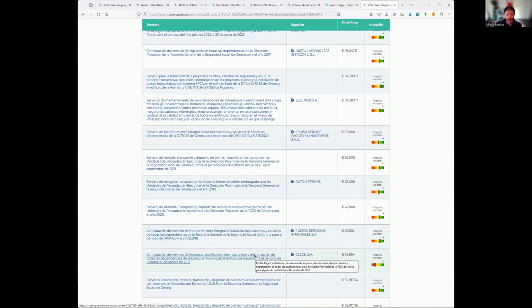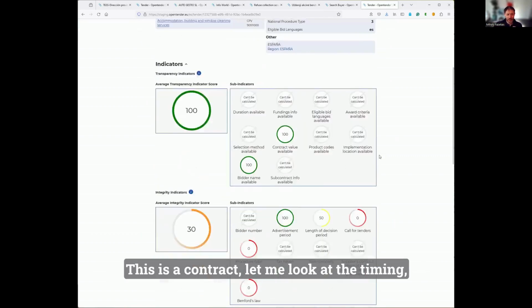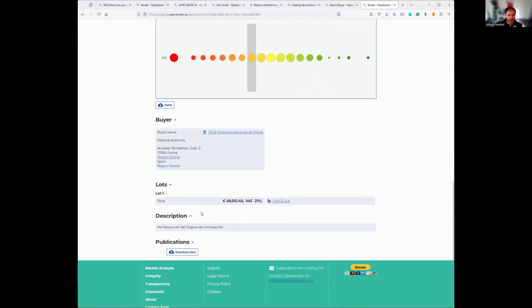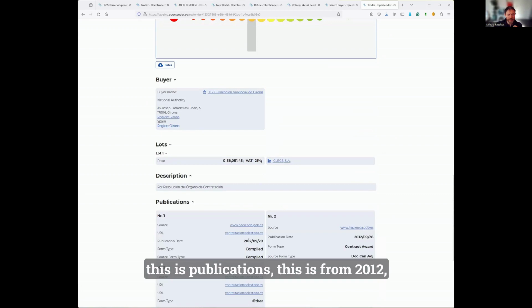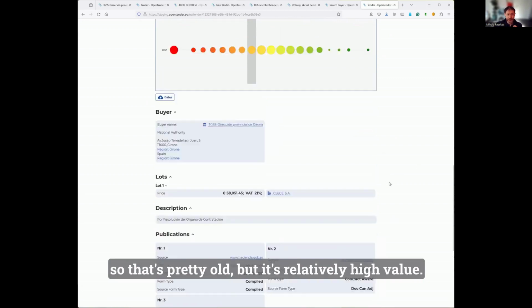So let's think about a particular contract which has very low integrity. I could pick this one. Okay, so I can click on this contract and tender, and it gets me to the profile of a particular contract. This is a contract. Let me look at the timing. This is publications. This is from 2012, so that's pretty old, but it's relatively high value.